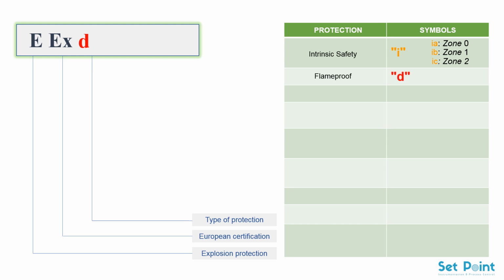D stands for flame-proof. DB products may be used in Zone 1, and DC in Zone 2. E is for increased safety. An EB marking means it is assessed for Zone 1. The EC marking is for Zone 2.